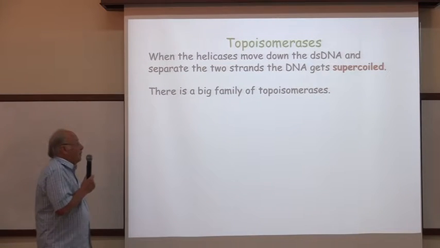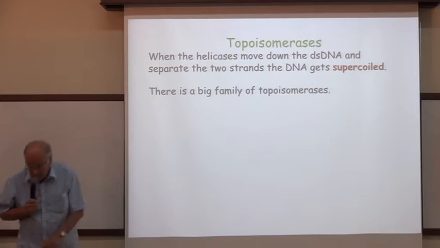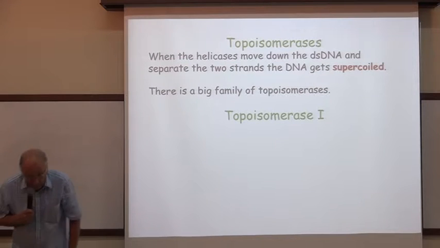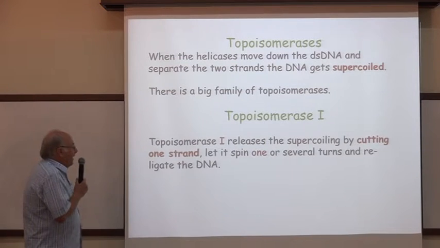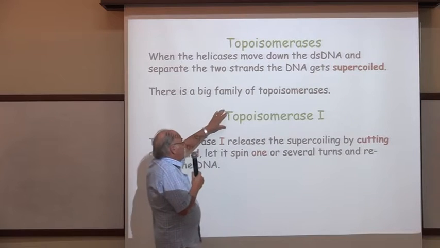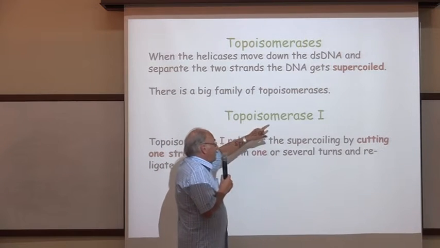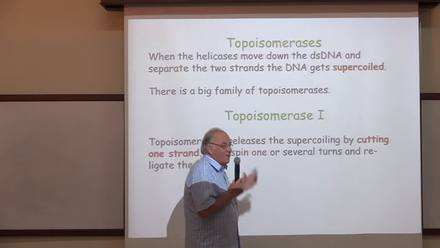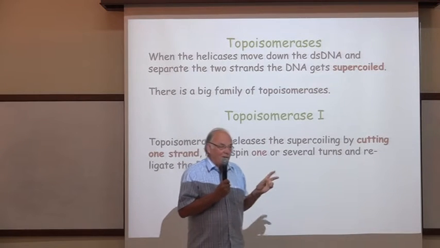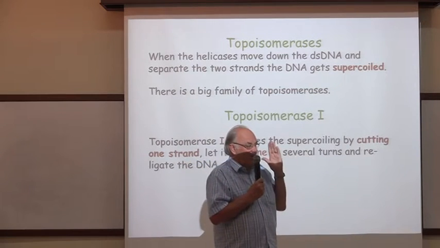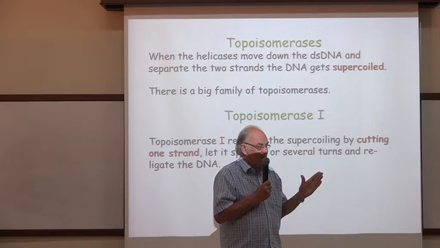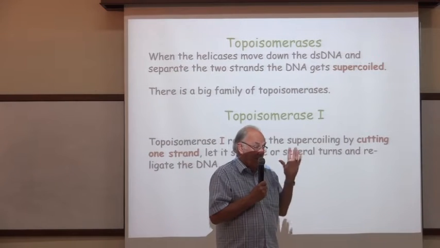And there's a big family of topoisomerases, and I'll just mention two different cases. And one big family here is the topoisomerase 1. And it's easy to remember what 1 and 2 are doing, because 1 is just cutting one of the strands of DNA. Topoisomerase 2 cuts both.